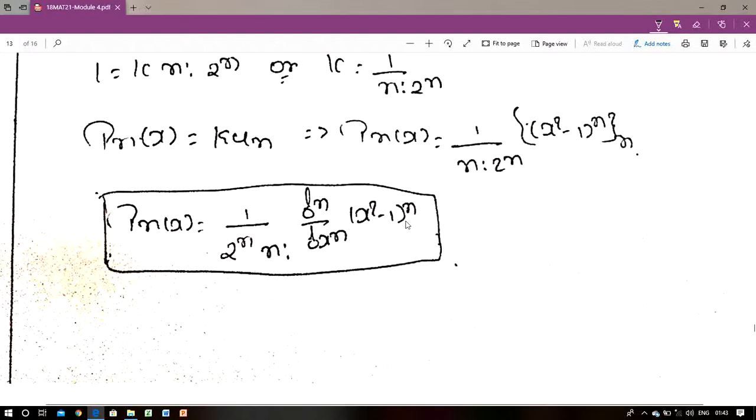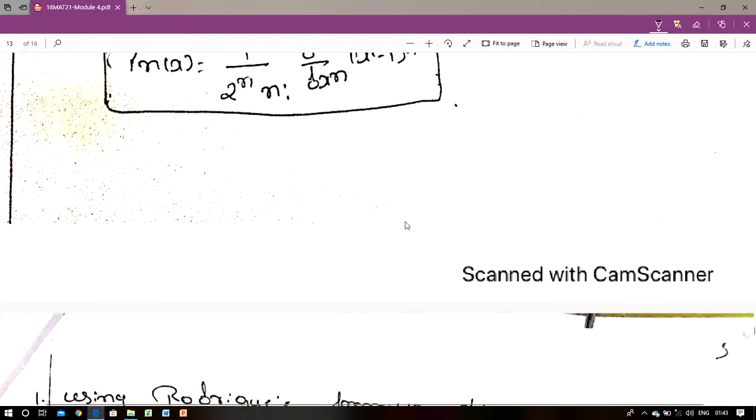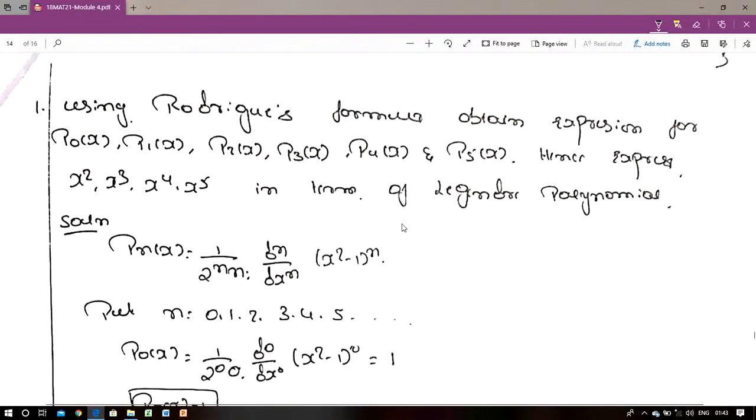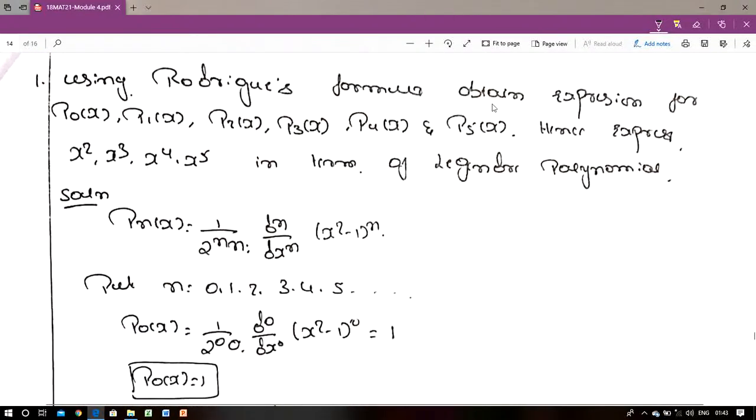Using this, first find P0 of x, P1 of x, P2 of x, P3 of x and P4 of x, and hence express x square, x cube, x to the power of 4 and x to the power of 5 in terms of Legendre polynomials.